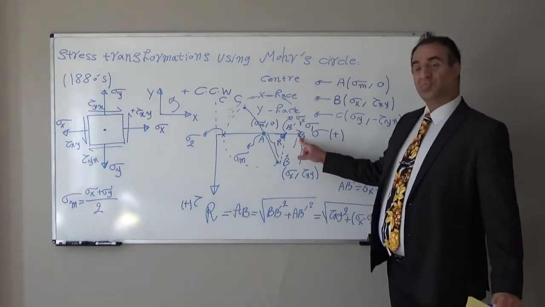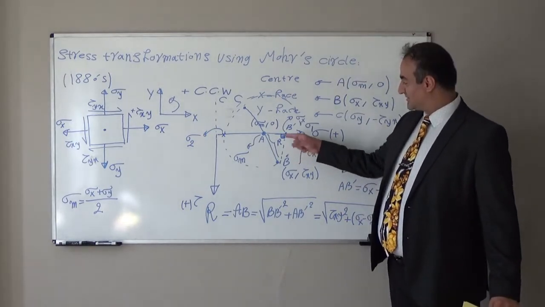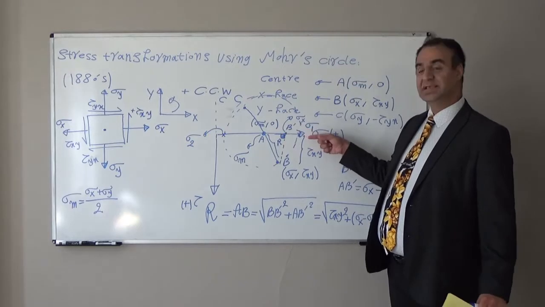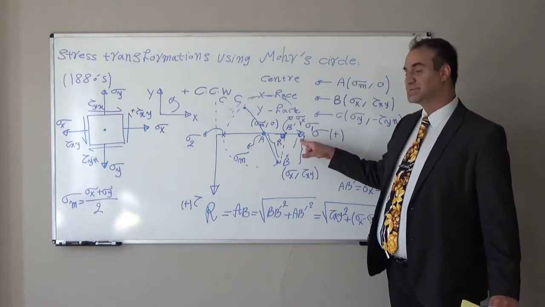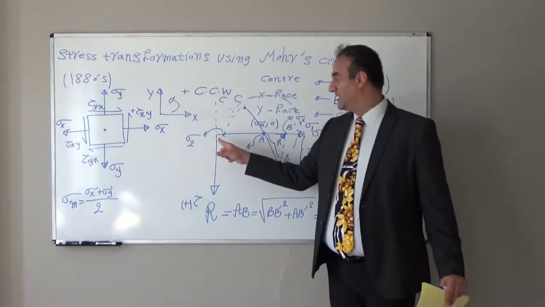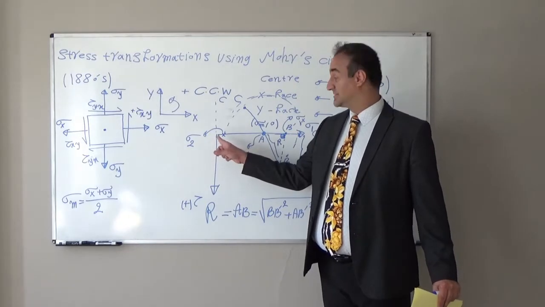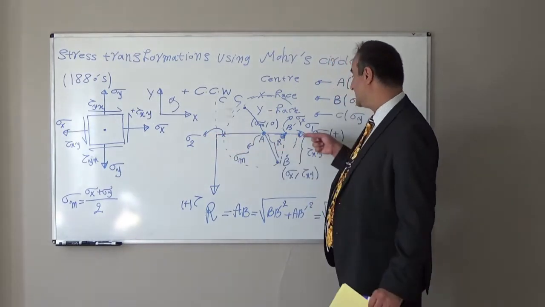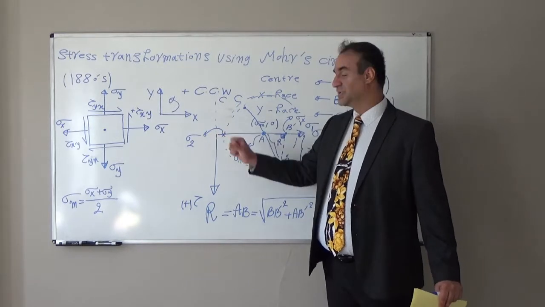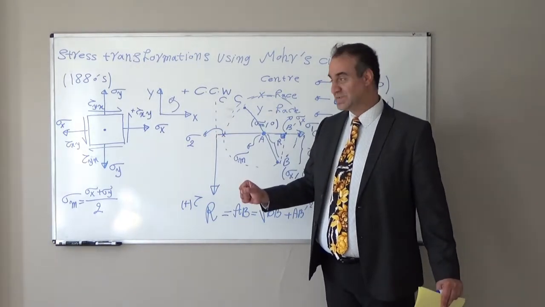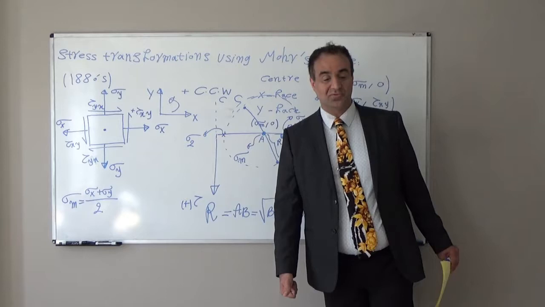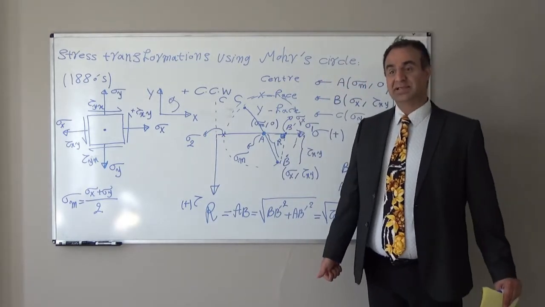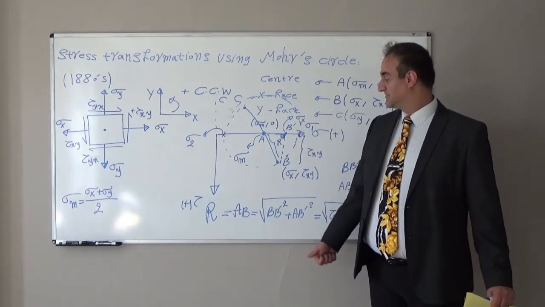This is maximum normal stress, and you see, because it is on the sigma axis, the shear stress is 0. It is minimum normal stress, again because that point is on the sigma axis. Again, shear stress tau is equal to 0. So sigma 1 and sigma 2 both represent principal stresses.